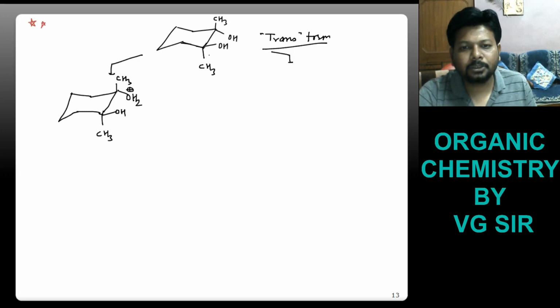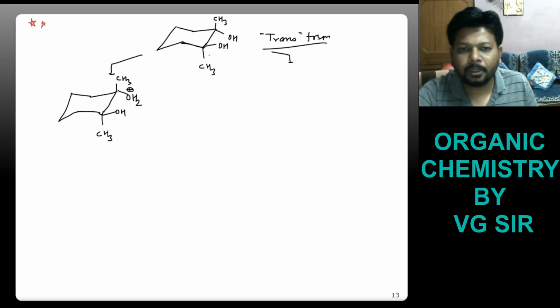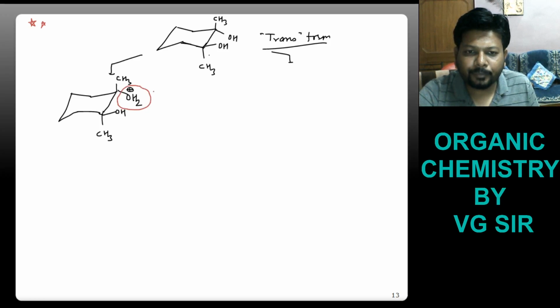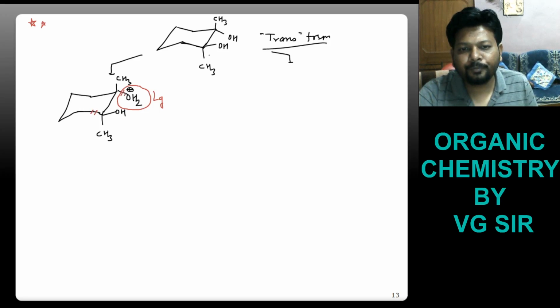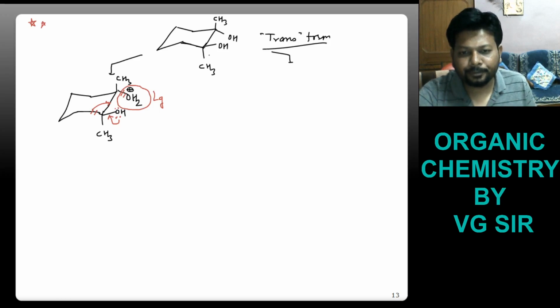Okay, this is the group which is getting protonated, so it will act as a leaving group, and you can say it is in the equatorial position. So what will be the anti group? This bond will be anti to this group. Okay, these are parallel but they are anti to each other. So when this group starts participating in the bond formation, this bond will go over here.